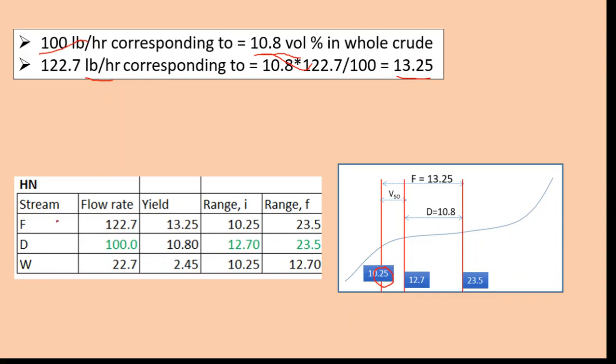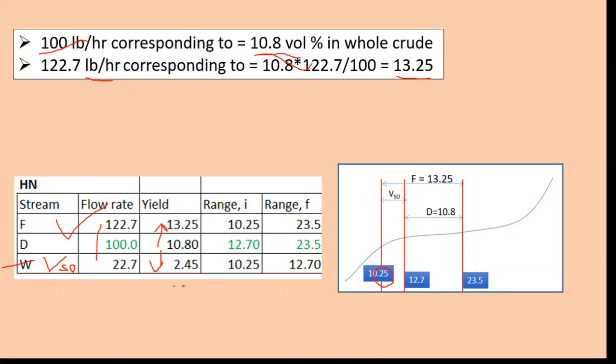So for the feed in heavy naphtha, the flow rate is calculated in the first step, and then in the second step, with the help of this yield, we have calculated the yield of feed and VSO. Here it should be VSO, that is a mistake.